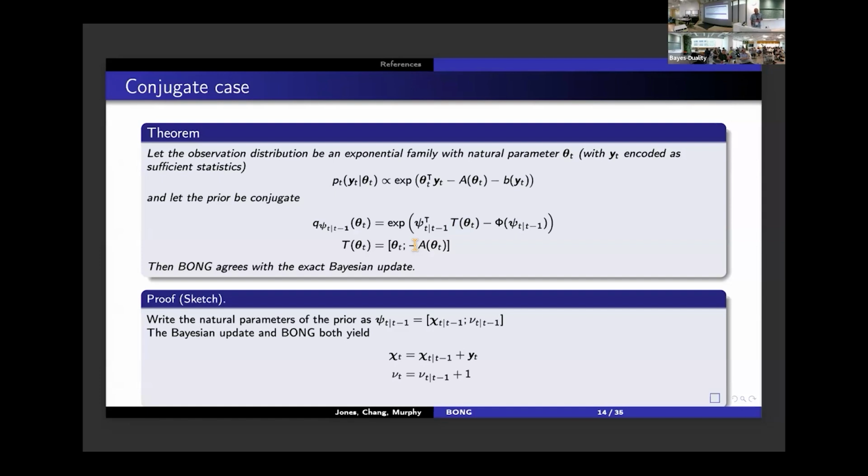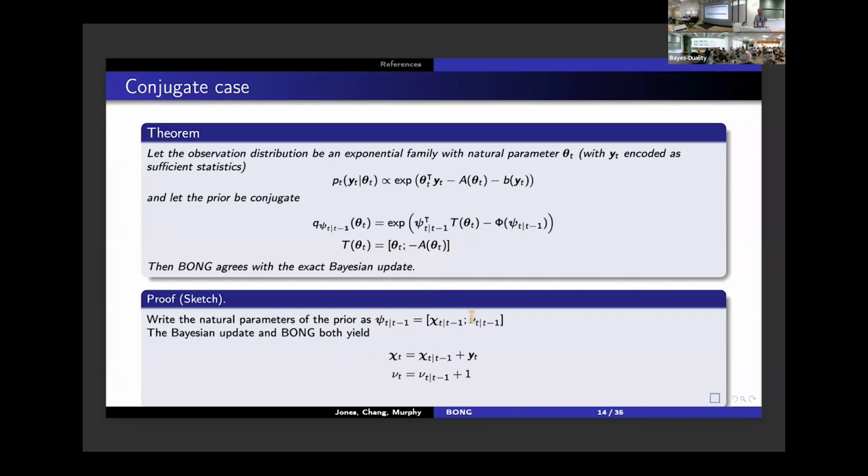In that case, the exact Bayesian update is the BONG update, and this just generalizes what MT showed with the sample mean case. If we decompose the natural parameter for the variational family into two pieces, the piece that corresponds to theta and the piece that corresponds to A, this new thing is just a degrees of freedom kind of thing.